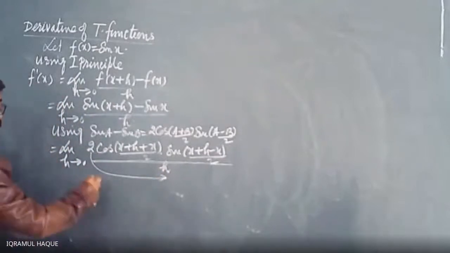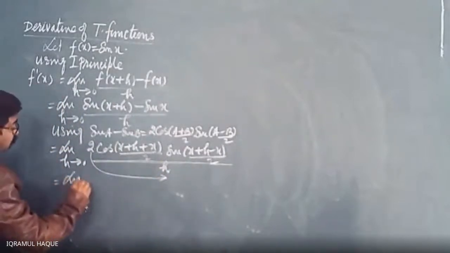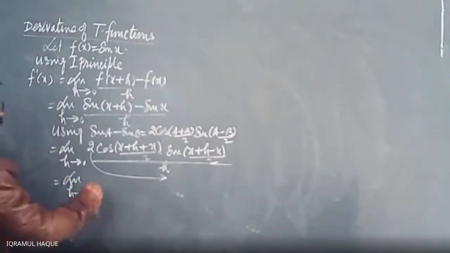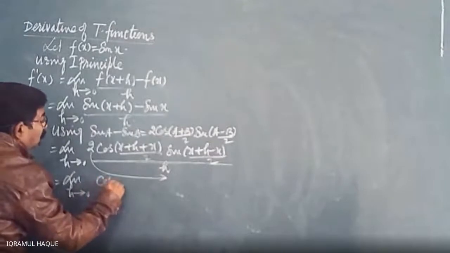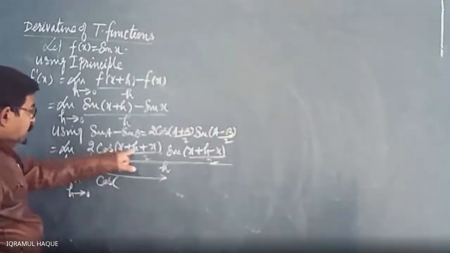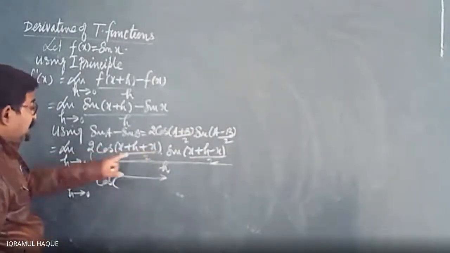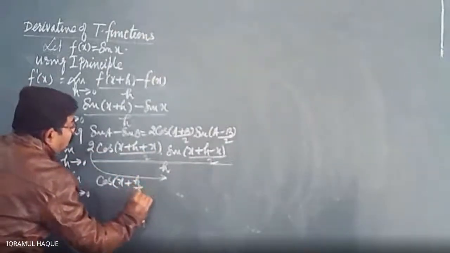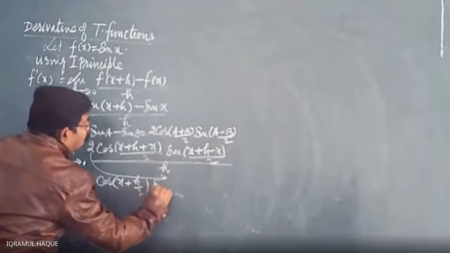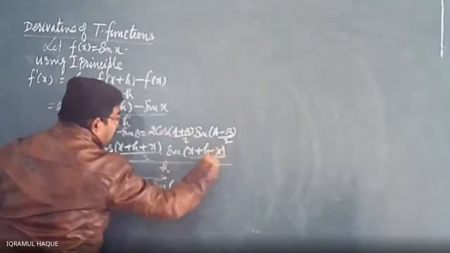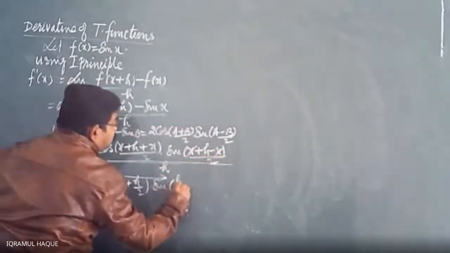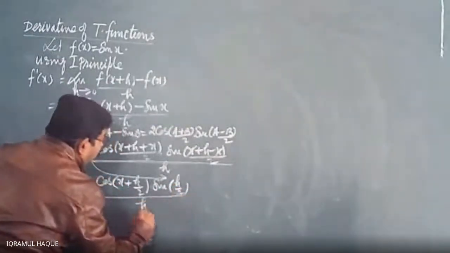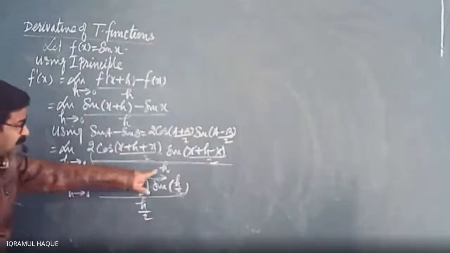Here we can write limit h tends to 0, we have cos(2x/2), that is x, plus h upon 2, into sin, here x and x will cancel, h by 2 upon h by 2. This 2 comes with h.